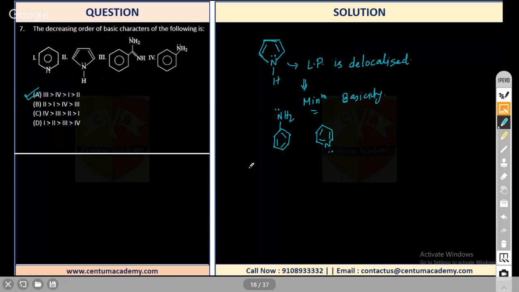This is the lone pair. So this lone pair is involved in resonance, correct? And this is not involved in resonance. So if you consider only this, the first one should be more basic than the fourth. Okay, so first one should be more basic than fourth, and the second one is least.